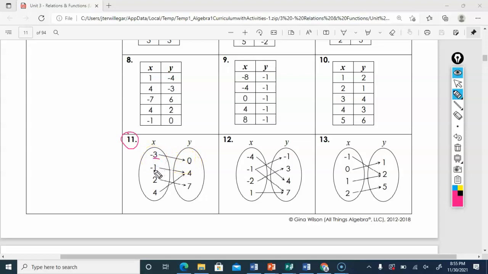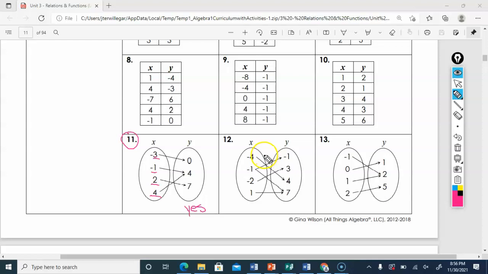So that works. -1 only goes to 4. That's good. 2 only goes to 7. That's good. 4 can only go to 4. It's okay that 4 and -1 both go to 4. But I can't have this 4 go to multiple numbers. So that's a yes.